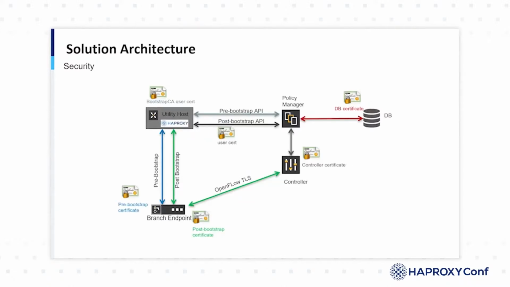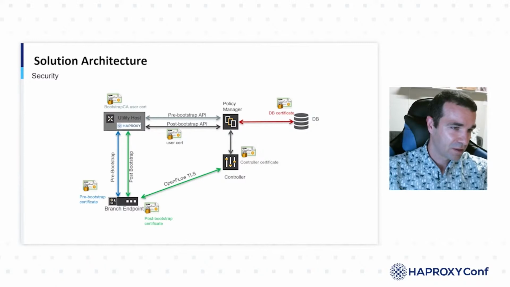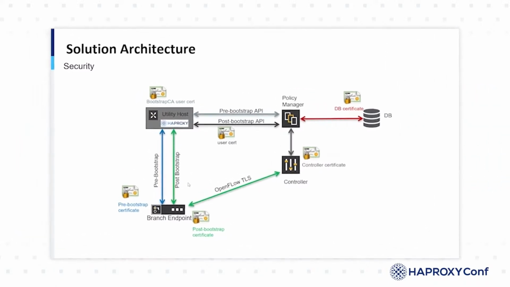A good security aspect to elaborate a little bit more on what we've discussed before is the use of TLS termination and the client certificate in HAProxy. As we can see here, these are the different communication paths that can happen when we activate a branch endpoint, what we call the bootstrap.